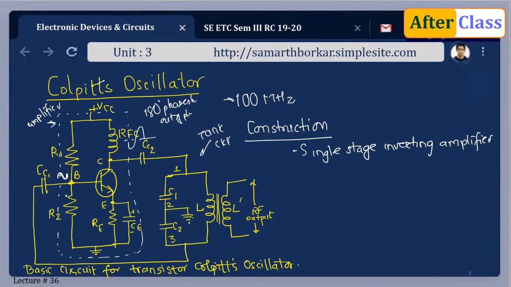Let us discuss something about this amplifier. The parallel combination of RE and CE along with R1 and R2 provides the stabilized self bias. So let me write here R1, R2 and RE and CE. It provides a stabilized self bias.